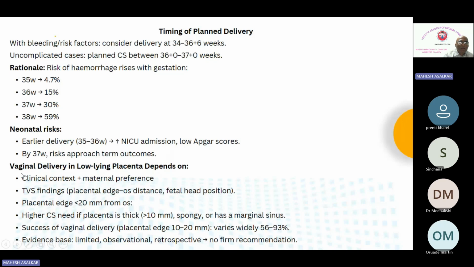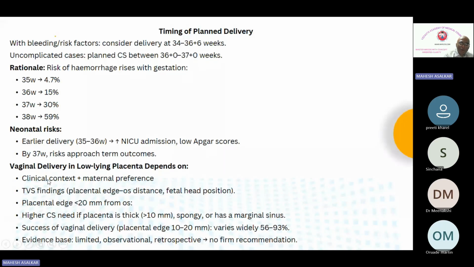Vaginal delivery in low-lying placenta will depend on the individualized case and the TVS findings, the placental edge to os distance that we have seen. This is possible only in low-lying placenta, and the placental edge should be less than 20 millimeter from the os. High cesarean section need if the placenta is thick, more than 10 millimeter, spongy, or has a marginal sinus.